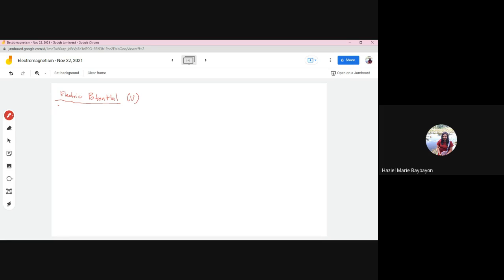So the electric field E is a very special kind of vector function. What is special about this vector function is that its curl is always zero. So take note that when we take the curl of the electric field, it is always zero.